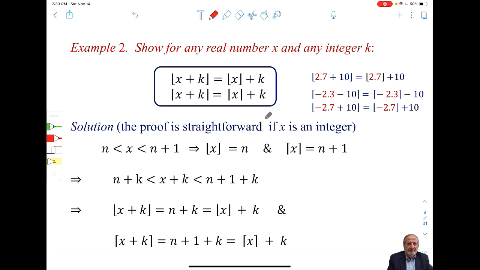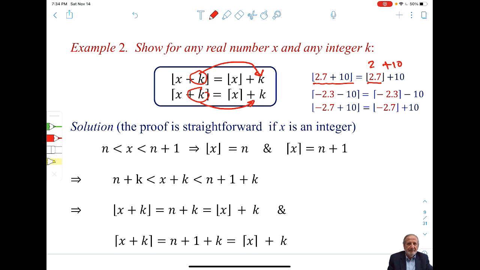It's as if you're taking k and getting it outside of the bracket. To understand that, you can see in this example, the floor function of 2.7 plus 10 is the floor function of 2.7, and you add 10 to it. So the floor function of 2.7 is 2, plus 10.